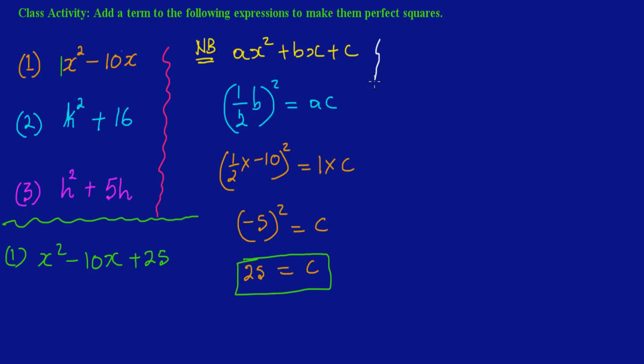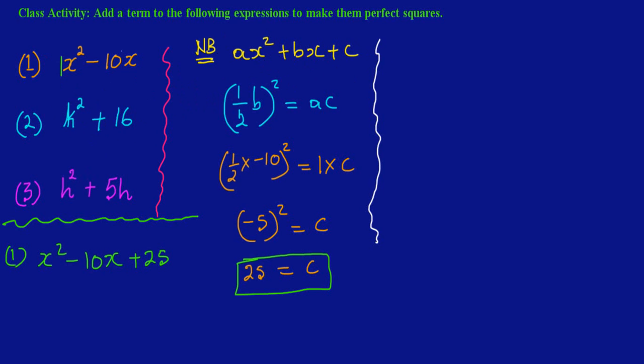In question number 2 it's a little bit different. They gave us the first term, which is the ax squared term, and we weren't given a term in x, so the middle term is missing, but they had given us our constant c, which is 16.